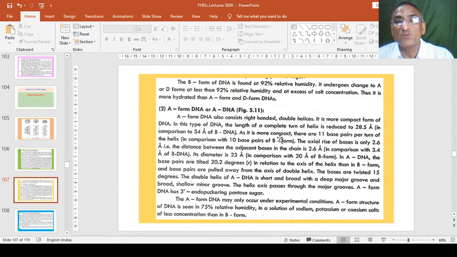As it is more compact, there are 11 base pairs per turn of the helix in comparison with 10 base pairs of B form.